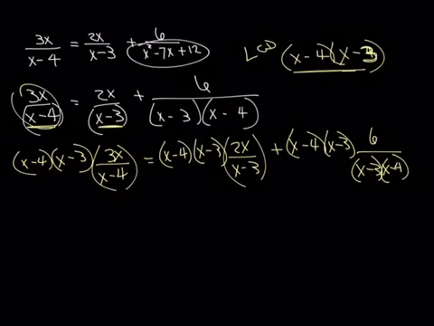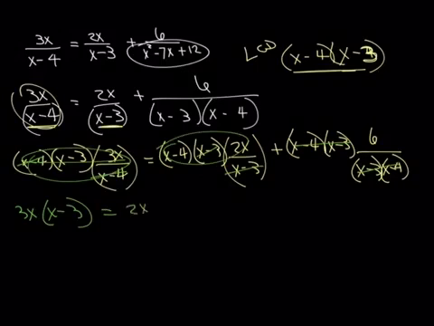Okay, then I cancel. Cancel both of those, that one with that one, that one with that one. So I'm left with 3x times x minus 3 here equals, plus, and all I have there is a 6.